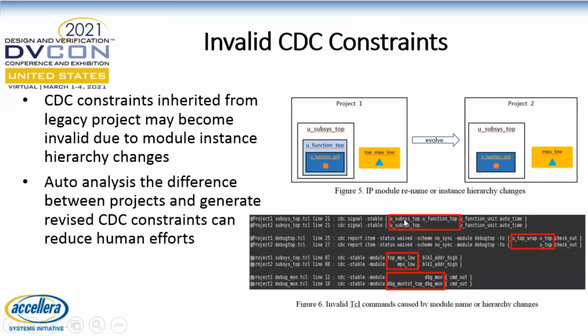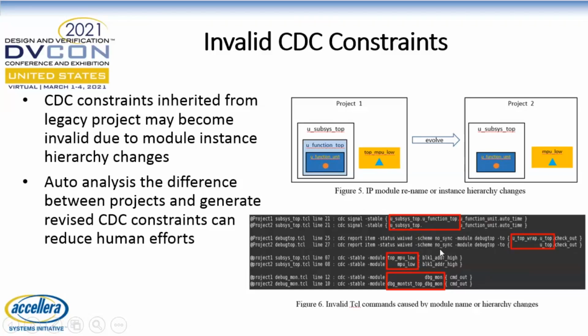In Project 2, after importing the qualified CDC design spec, CDC reports "not found" for the signal your_subsystem_top, your_function_top, your_function_unit, two times. From Project 1 to Project 2, the module top_MPU_low only changed its module name. However, after importing the reusable CDC design spec file, CDC reports module name top_MPU_low not found.